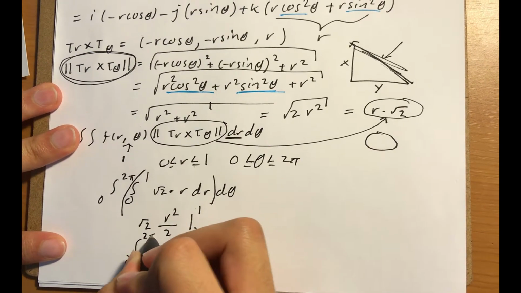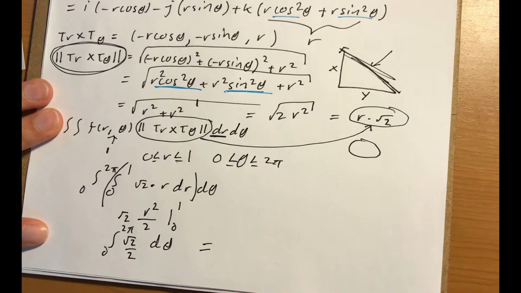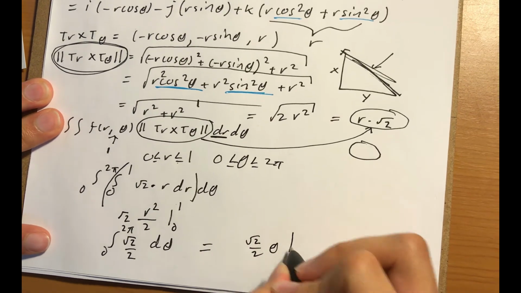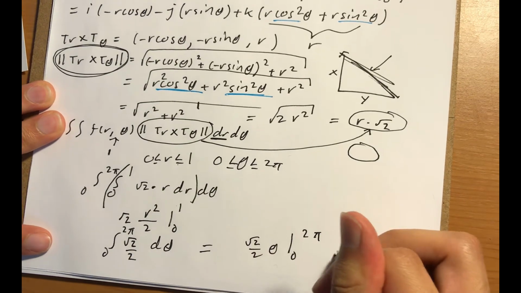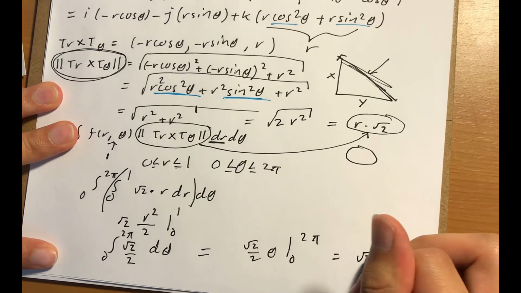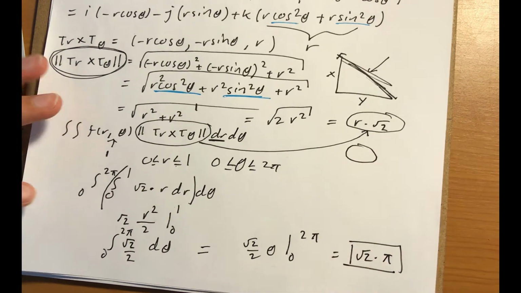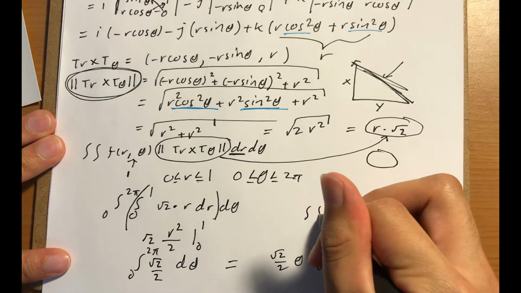We integrate that, now integrating d theta. This right here is square root of 2 over 2 times theta from 0 to 2 pi. And this is going to be equal to square root of 2 times pi. And that is the answer to this integral.